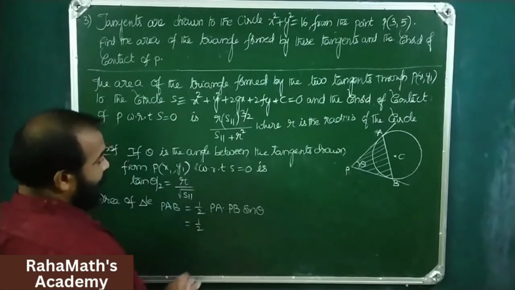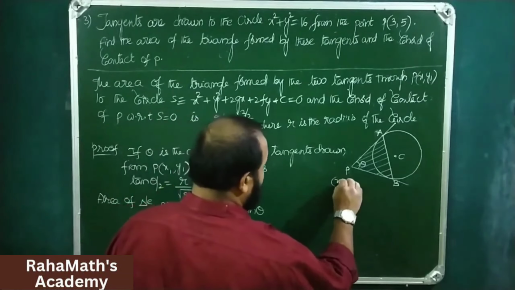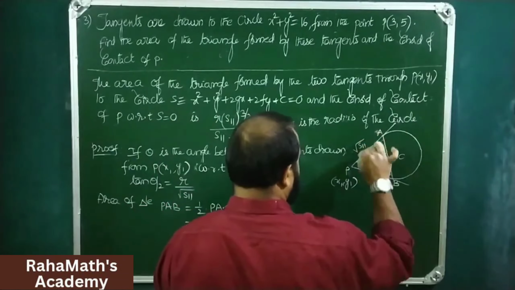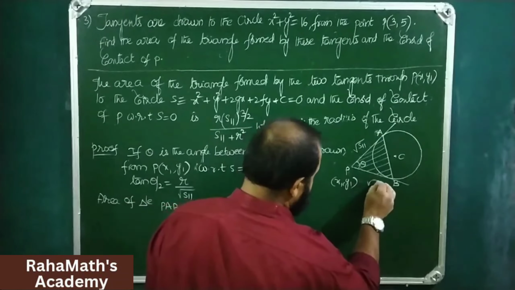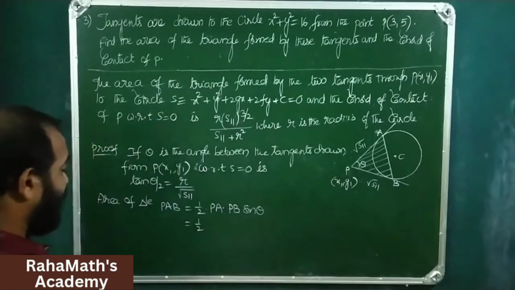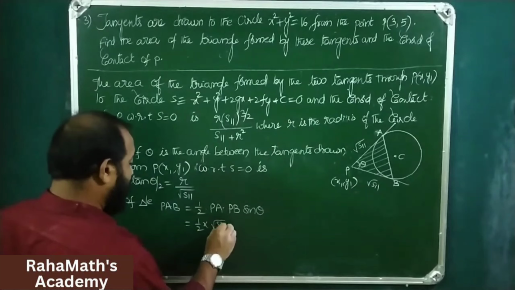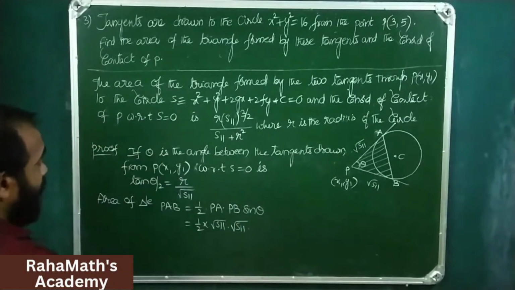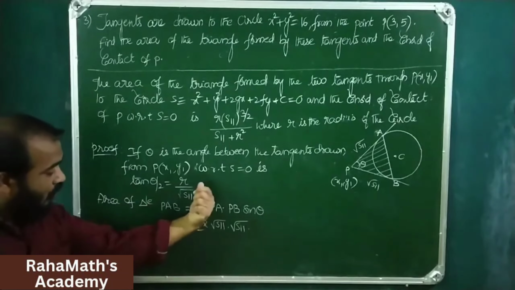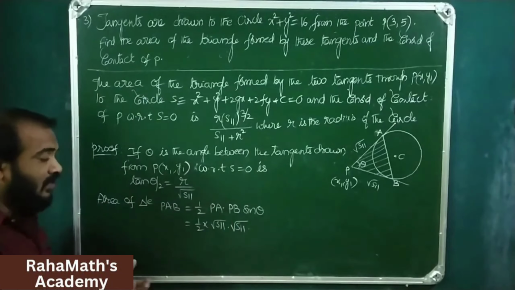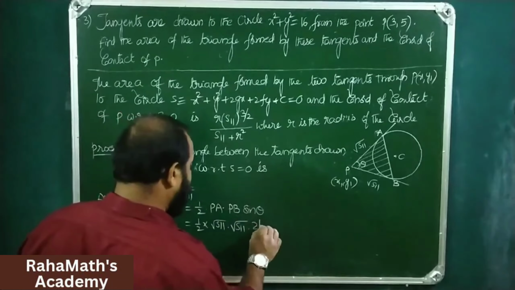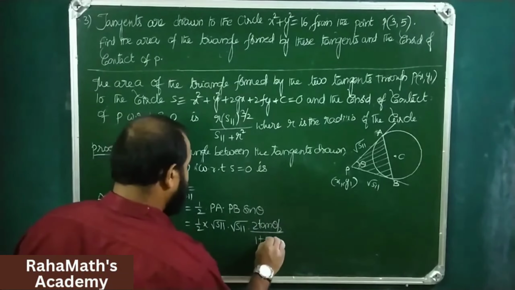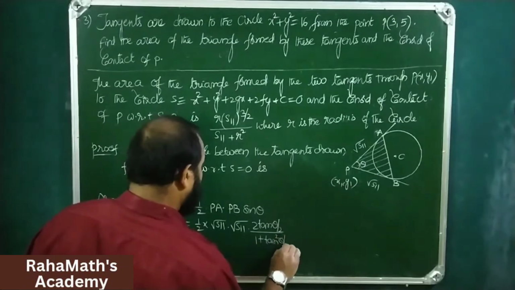PA is the length of the tangent drawn from P(x1, y1) to the circle S equals 0, so this is root S11. What is PB? Same, root S11. So half root S11 into root S11 into sine theta. Sine theta in terms of tan theta by 2 is 2 tan theta by 2 by 1 plus tan square theta by 2.